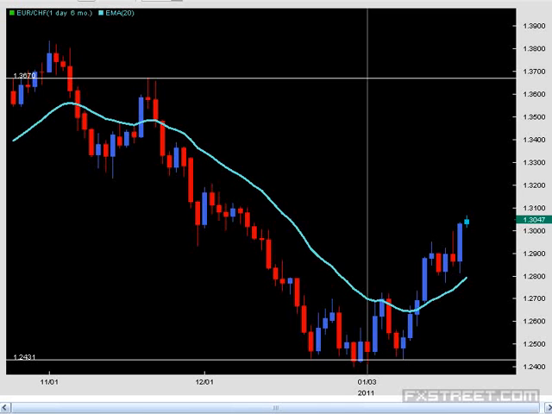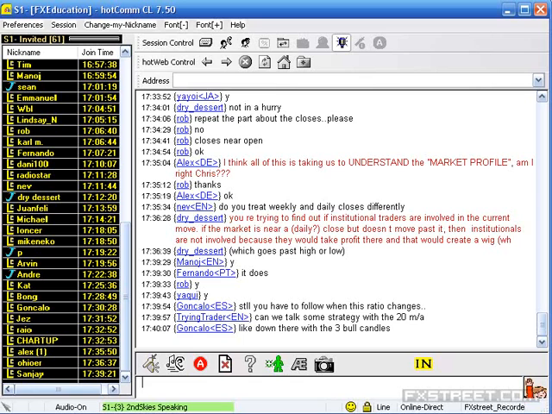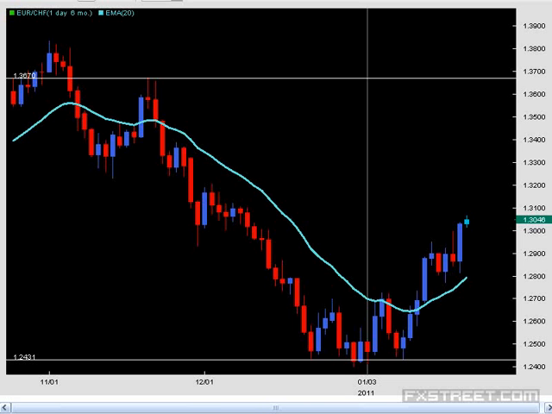Now, getting to Lancer's question here, he said, I thought corrective moves were profit-taking. Not necessarily. Corrective moves can be a product of profit-taking, but they can also be the product of something else. I can give you an environment where they wouldn't be profit-taking. Let's say there's 20 billion involved on that particular day in euro-dollar.